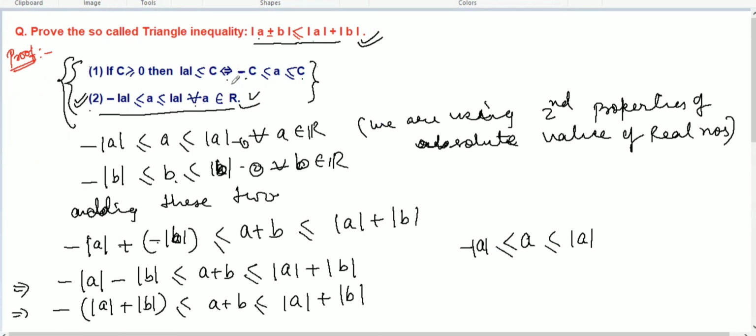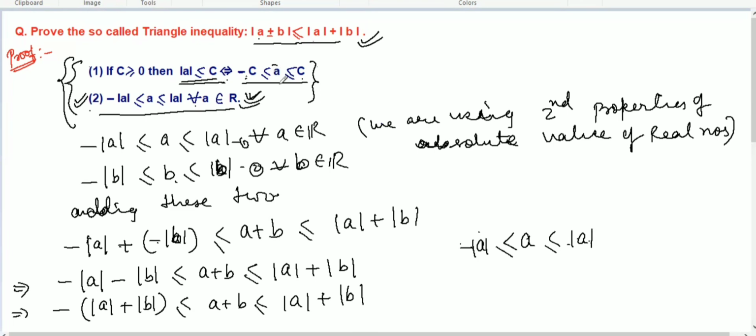So here you can say that we started from here and we went to the first property. What does the first property say? A will be greater than equal to minus C and less than equal to C. It means modulus of A is less than equal to C. Both sides: minus C here, minus of absolute value of A and absolute value of A. What does that mean?